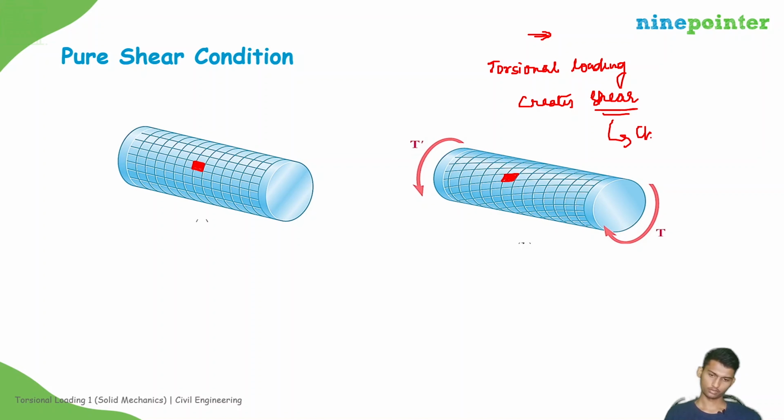Shear means change in angle, right? So this is about the basics of torsion. We said that one is the case of warping and another is no warping. In these types of materials there will be warping, and in circular bars there will be no warping. So we generally deal with circular bars.